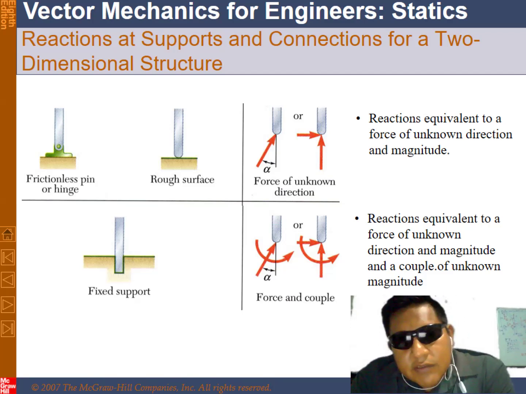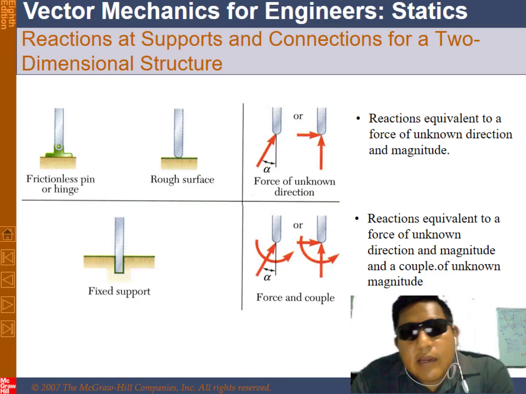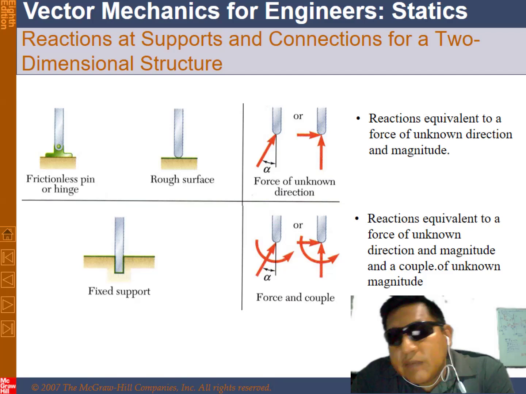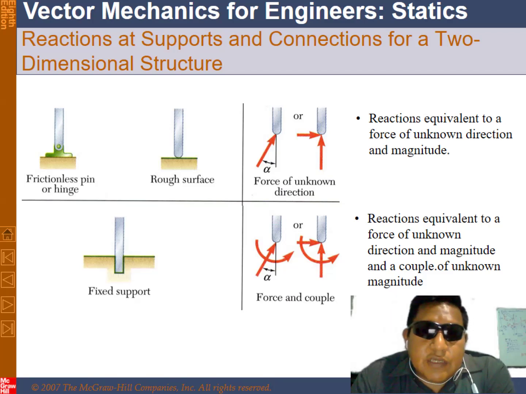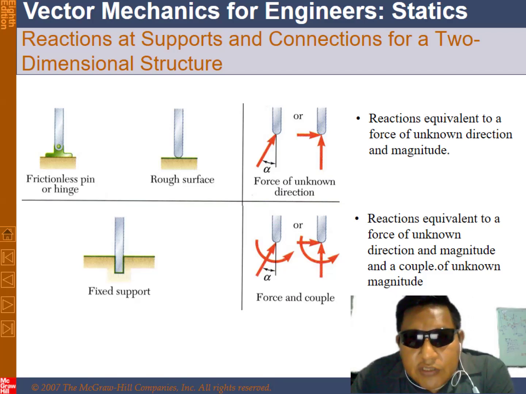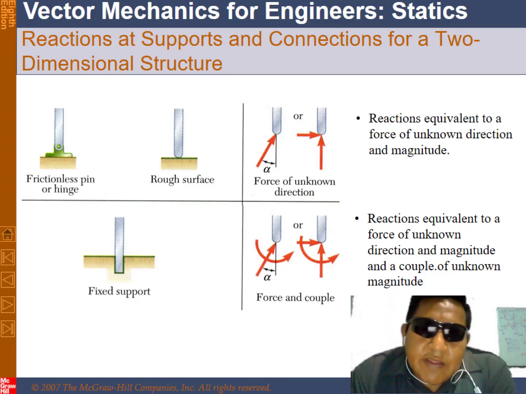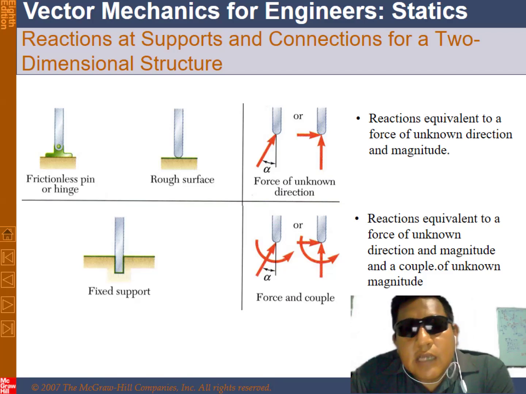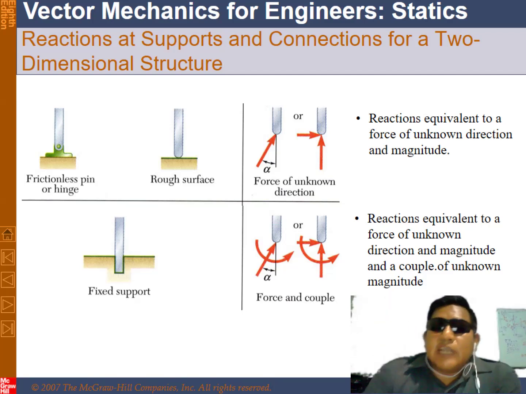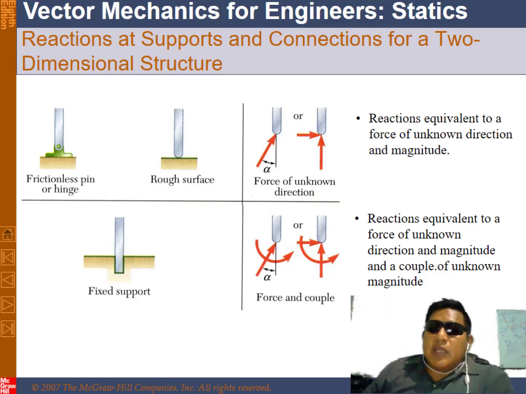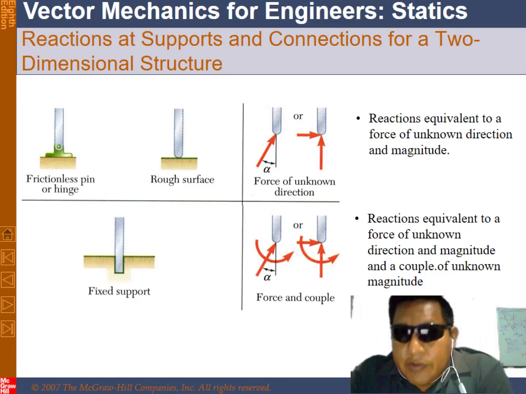In this case, you combine the reaction, the vector, into components, component letter Y and component letter X, plus the moment figure, reaction equivalent to the force and moment of unknown magnitude.